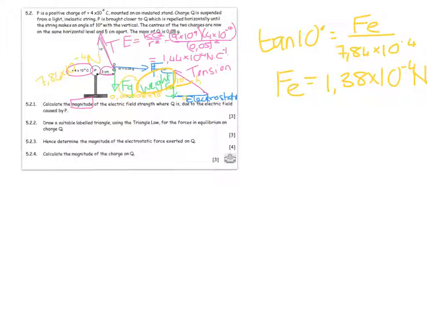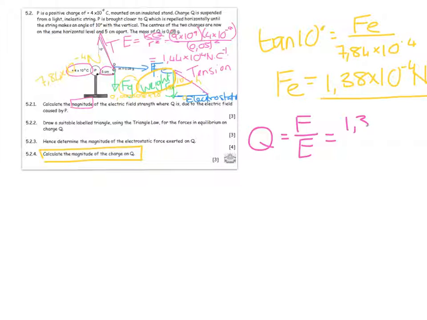And then it says calculate the magnitude of the charge on Q. Well, now that I know the electrostatic force, I know that charge is equal to force divided by electric field.